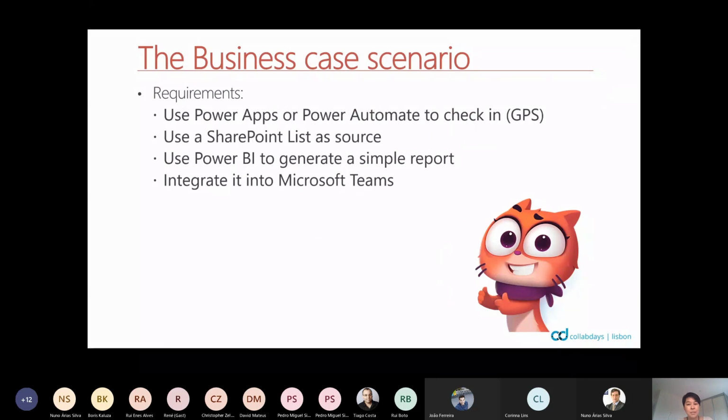Here are some requirements. We use the GPS of our mobile phones. We can use the Power App GPS to check in and grab our location where we are, and also use the camera function, so we can take some pictures of machines or something.